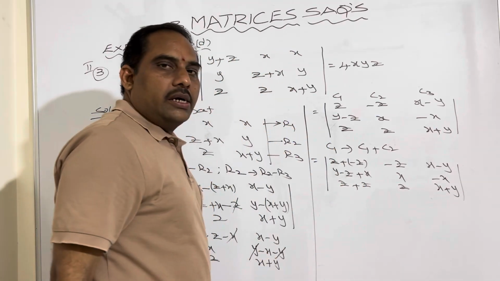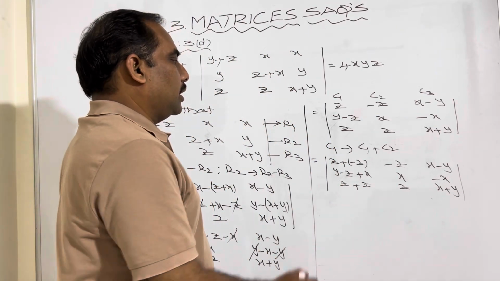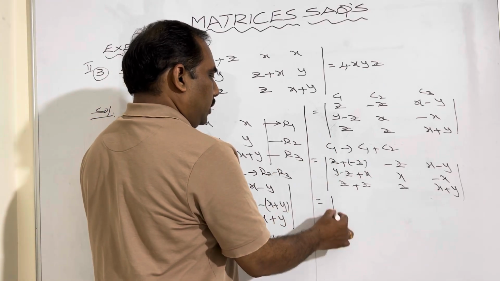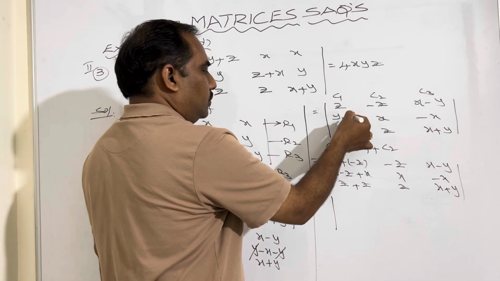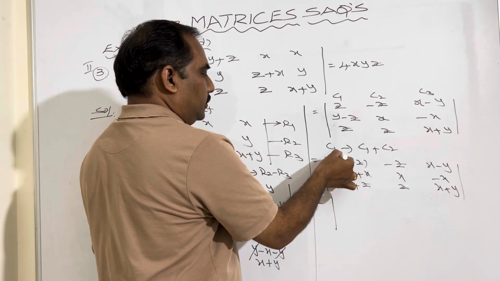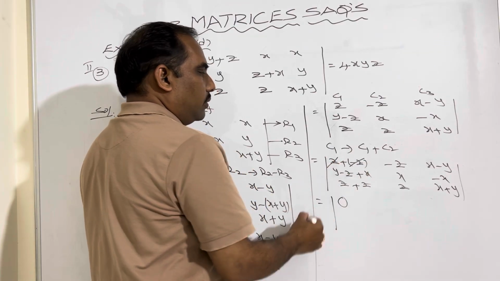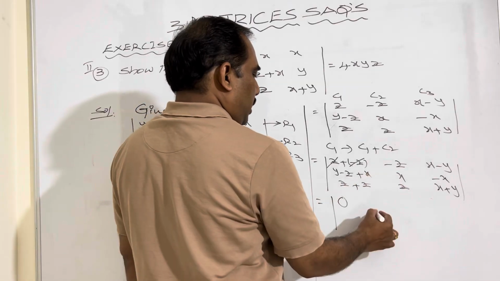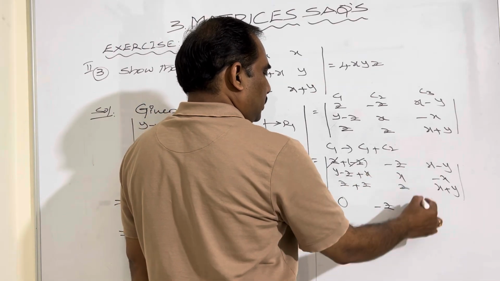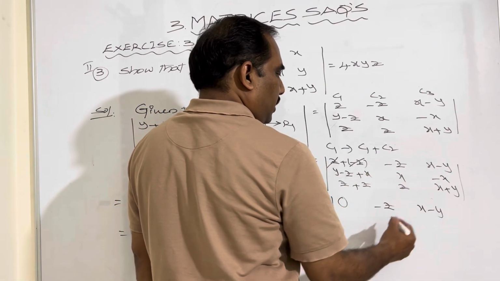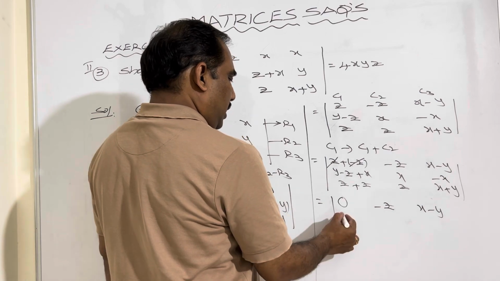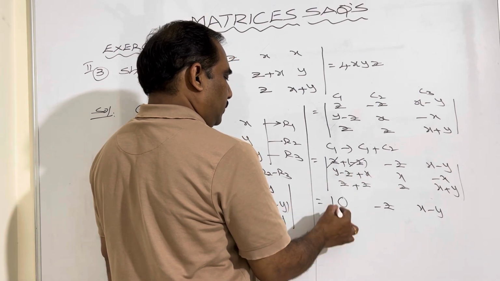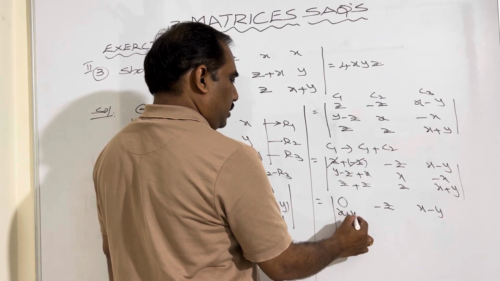See why I added C1 and C2, writing in the place of C1. When you add C1 and C2, this plus z and minus z gets cancelled. You get one of the elements in the first row as 0, and this minus z you can write as it is, and x minus y as it is, and x plus y minus z in order.